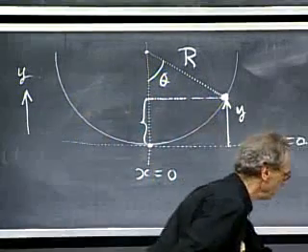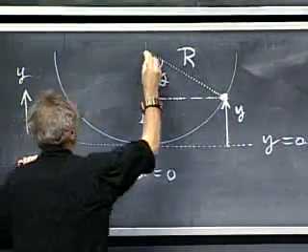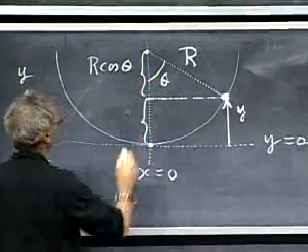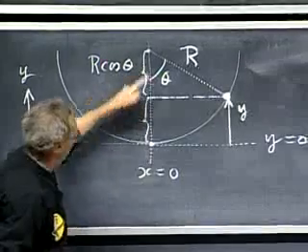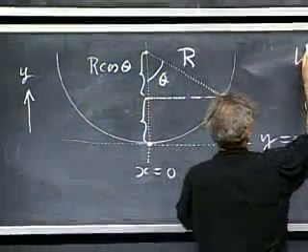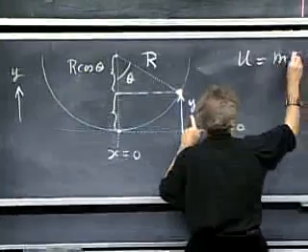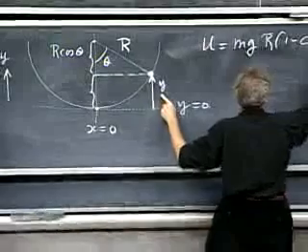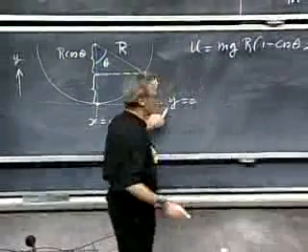That's very easy. This one here equals r cosine theta, and so this one is r minus r cosine theta. So the potential energy equals mg times r times (1 minus cosine theta), if I choose 0 there.